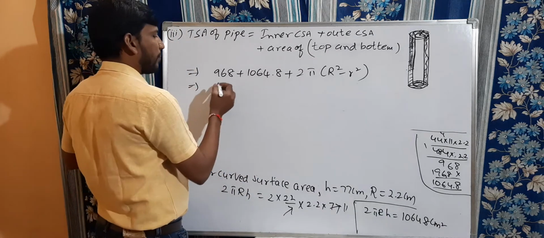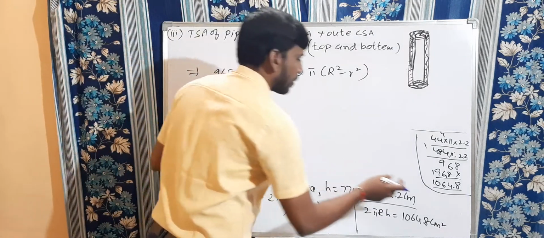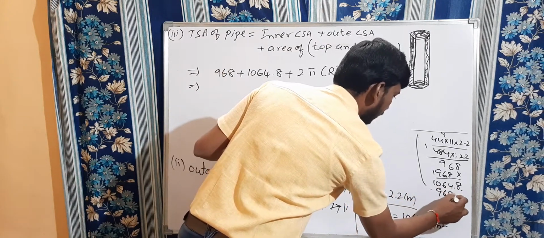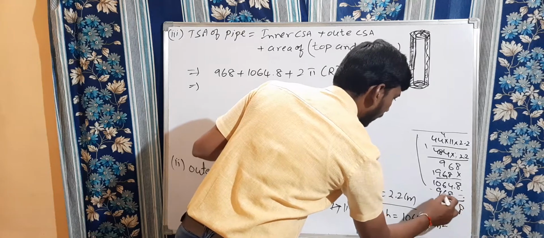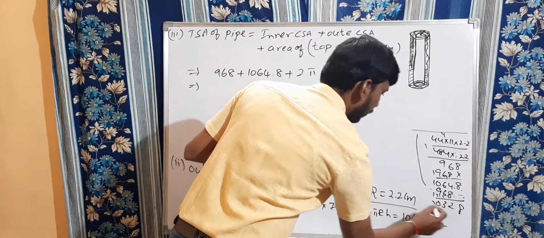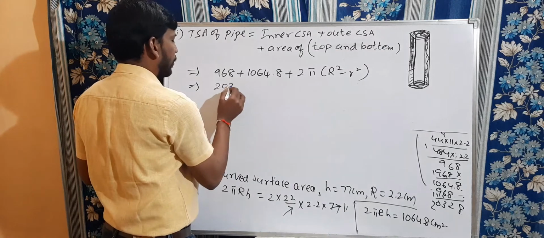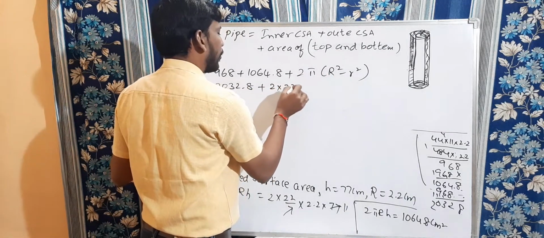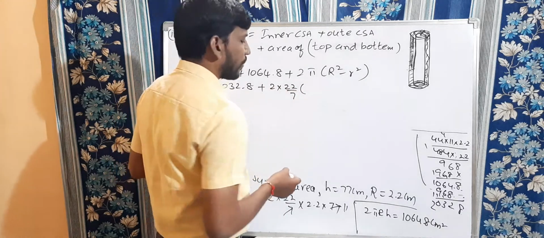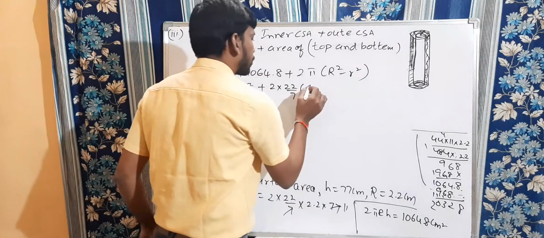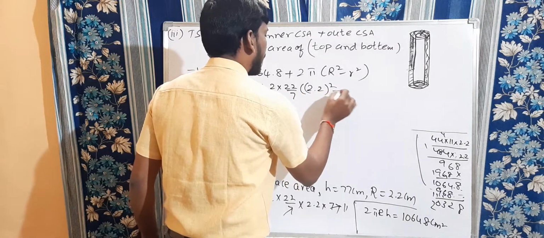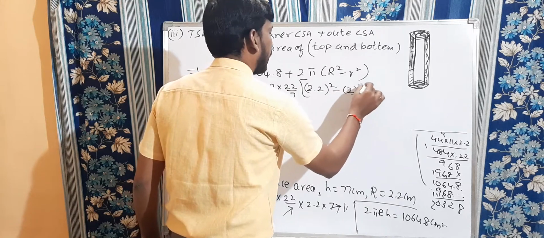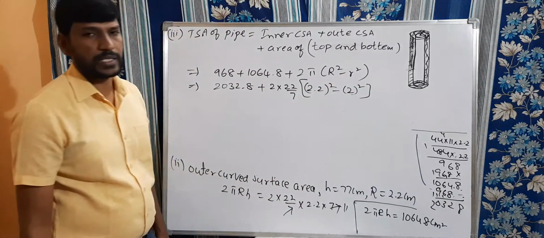By adding 1064 plus 968, what is the answer here? You will get 2032.8, plus 2 pi, that is 2 into 22 by 7 into capital R square, which is 2.2 whole square, minus small r, which is 2 square. Now it is in the form of capital R square minus small r square.